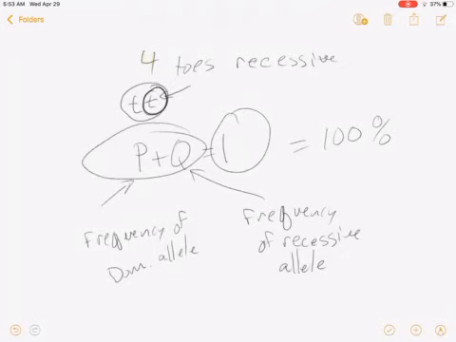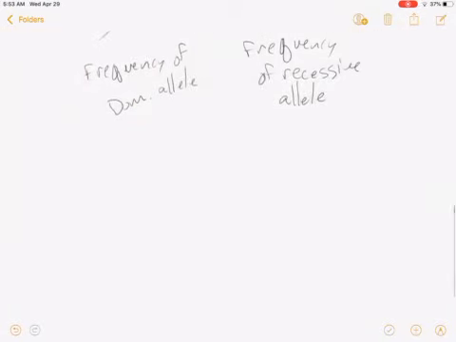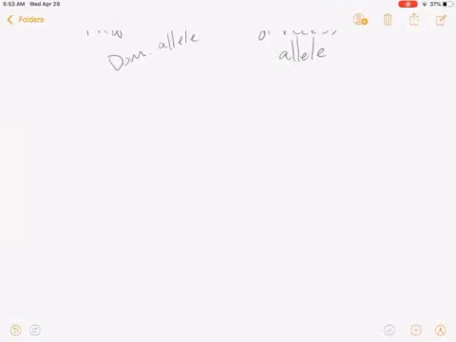Moving on, that's the first part of the equation. Then they said, well, that doesn't really help us because individuals out there aren't just dominant or recessive. They can be heterozygous, homozygous dominant, or homozygous recessive. So they squared that equation.